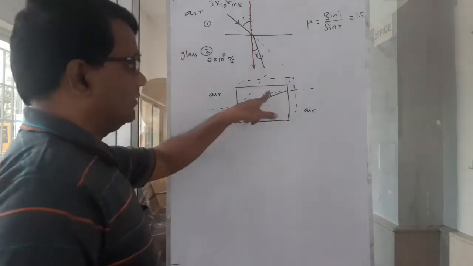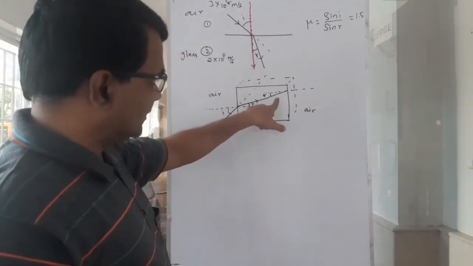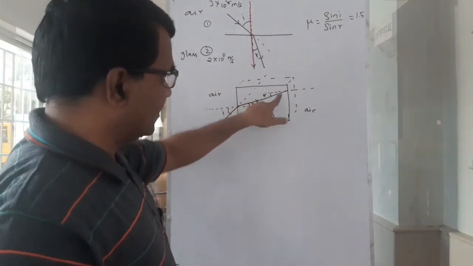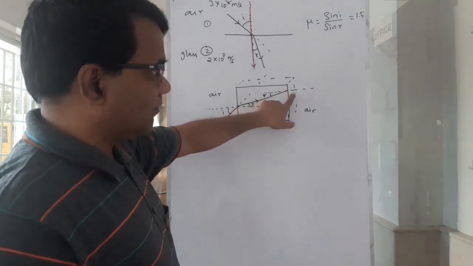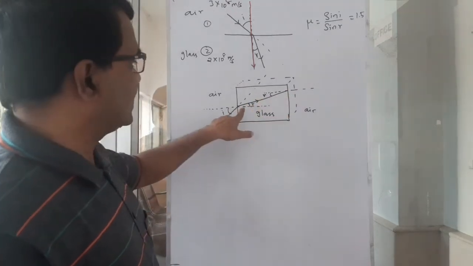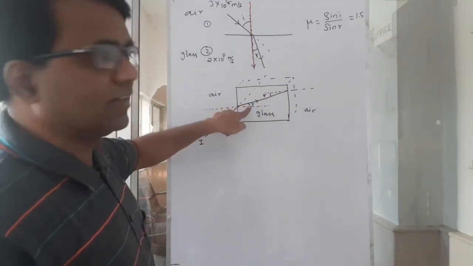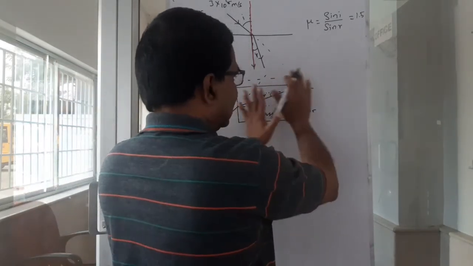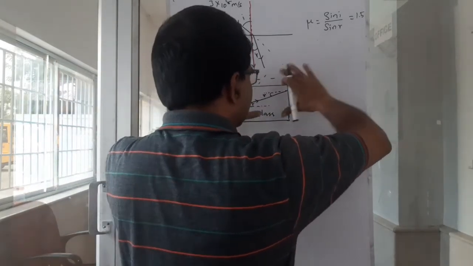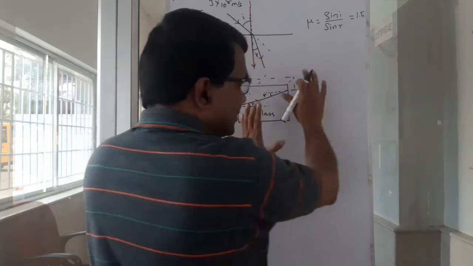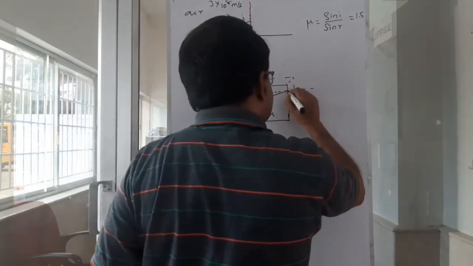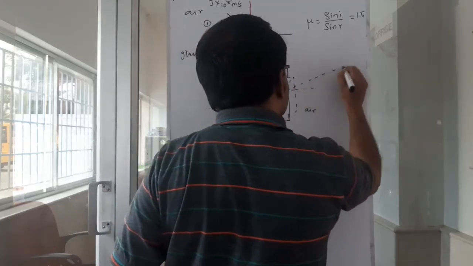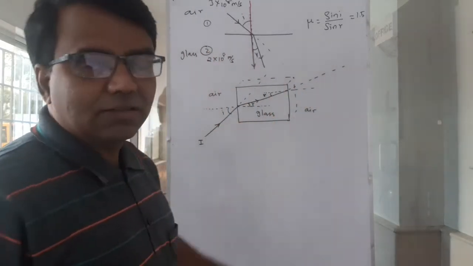Let's see actually the incident angle on this interface, which must be the same as the angle of refraction here. So if there was only glass and there is no air, then it would have continued without any deviation.